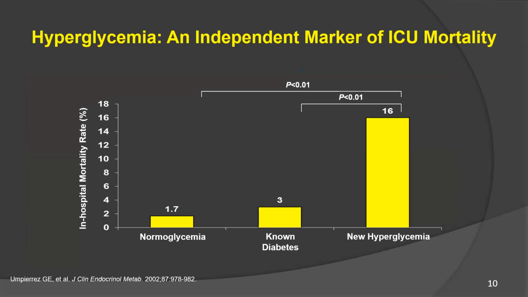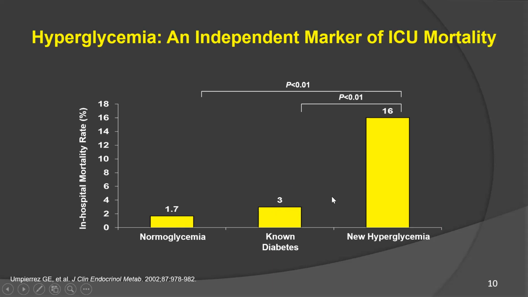As we've just gone through in previous slides, hyperglycemia is associated with high mortality. It is an independent marker of ICU related mortality. If we compare these three types of patient population, as you can see here, someone who has no deranged blood sugar, the in-hospital mortality rate in an ICU setup is just 1.7%, and it is doubling in someone who is a known diabetic, but perhaps the blood glucose is controlled in them, but still the mortality is rising.